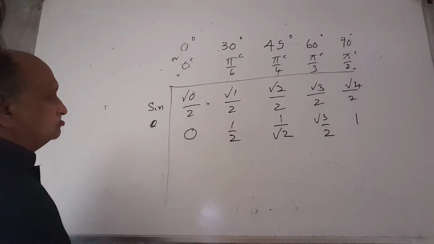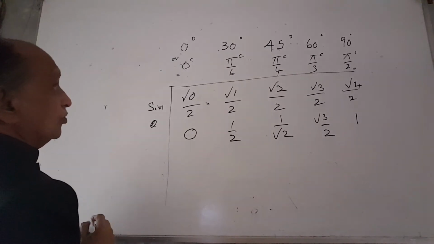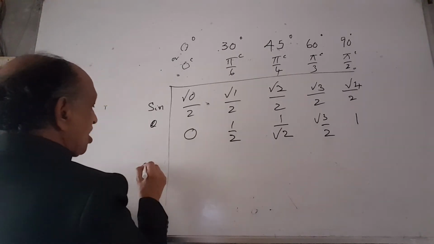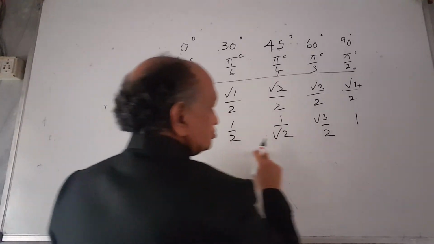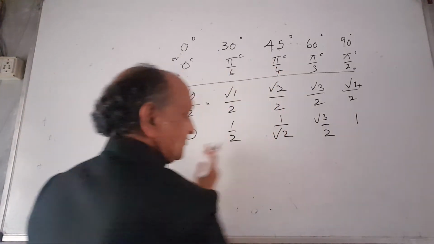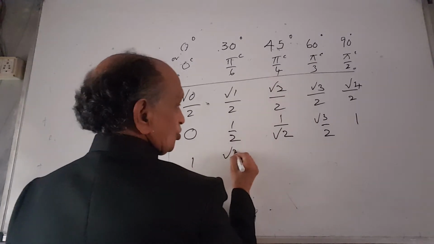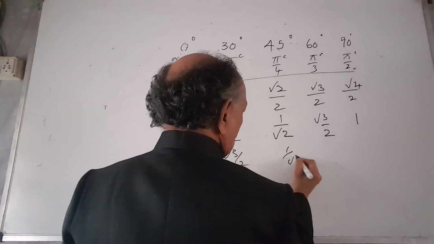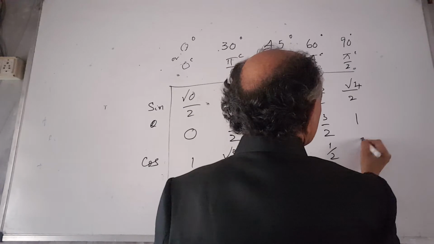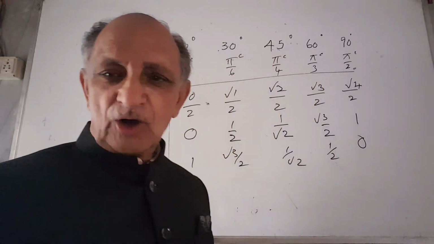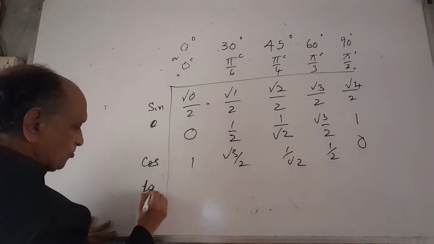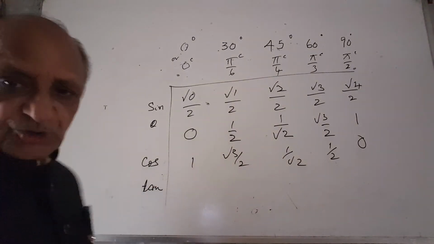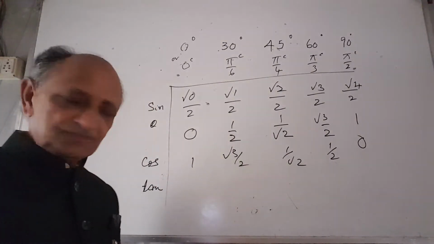Now, cos. Whatever values you got for sine, write in the reverse order: 1, root 3 by 2, 1 by root 2, half, 0. Sine, cosine values are over. Tan. You know sine theta by cos theta is tan theta.